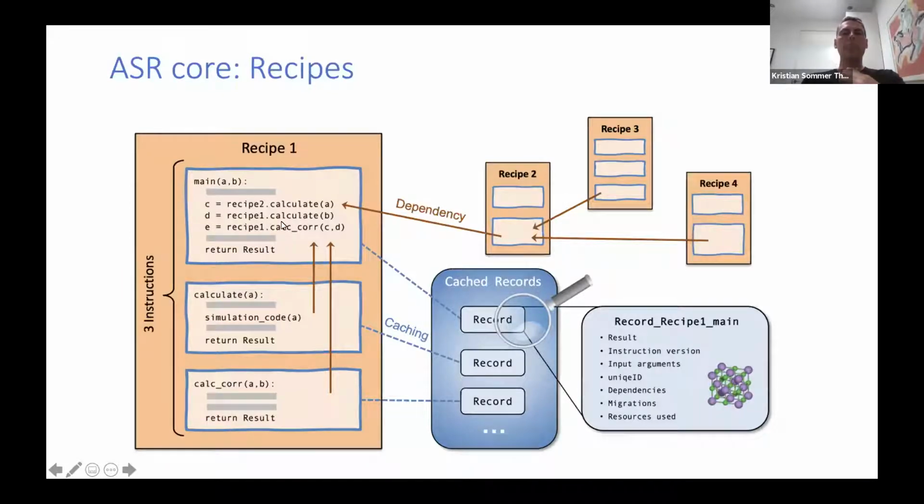There is always a main instruction of a recipe, and that's the instruction that the user of the recipe interacts with. It takes the input arguments here, in this case A and B, and then it evaluates the function. You can see this instruction calls instructions from the recipe itself, the calculate and calculate correction instructions here.